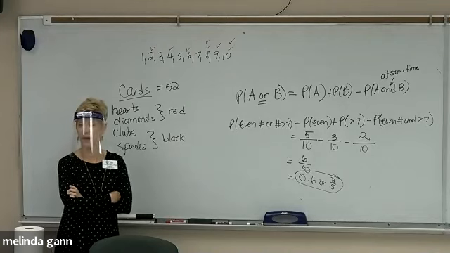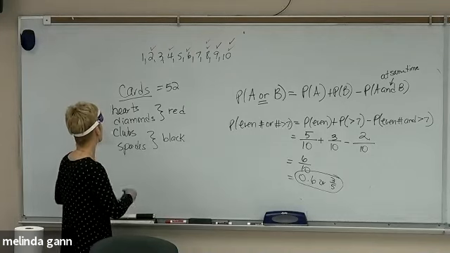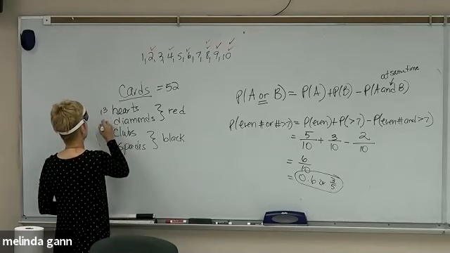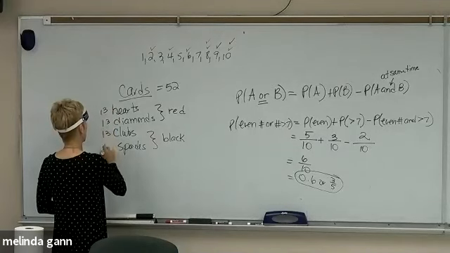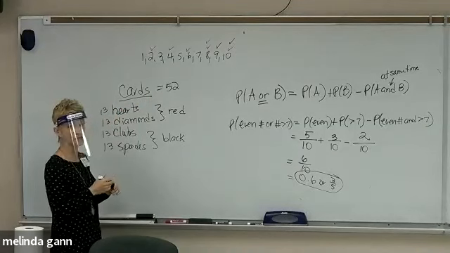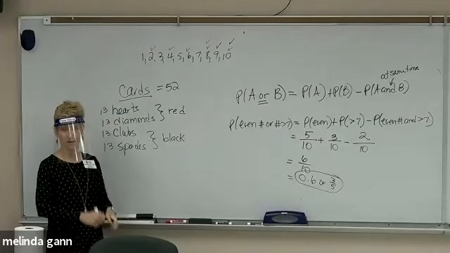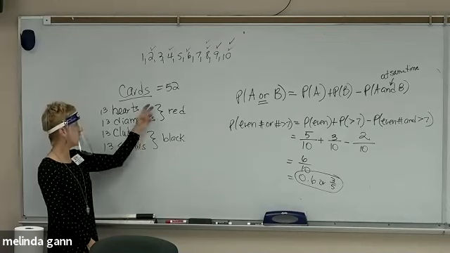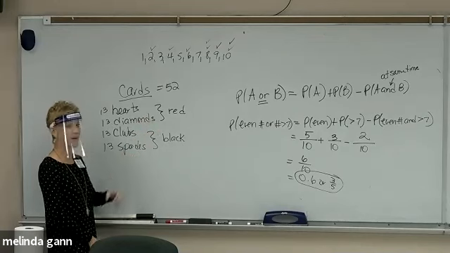How many hearts are in a deck? 13. So there are 13 hearts and 13 diamonds and 13 clubs and 13 spades. 52 divided by the 4 gives me 13 of each. How many cards are red? 26. Half of them are red, 26, half of them are black.